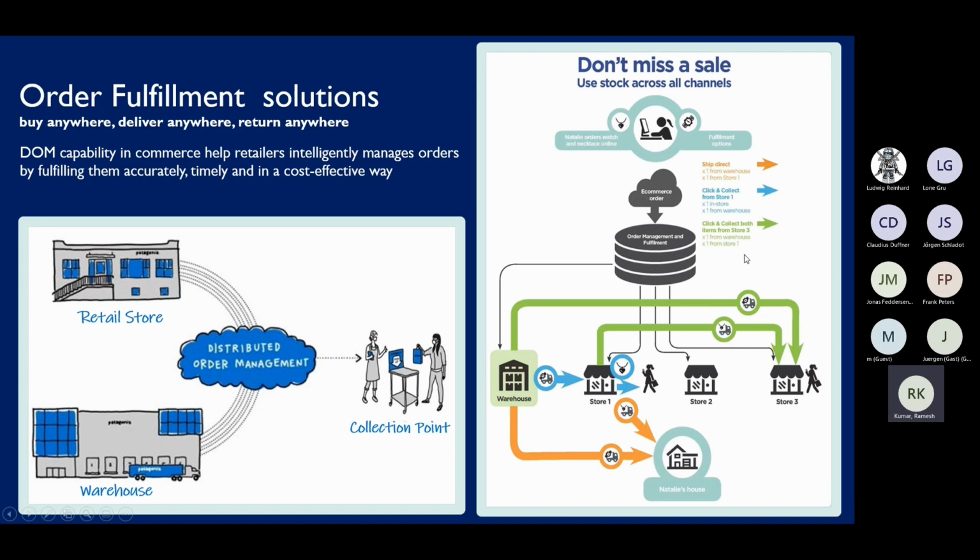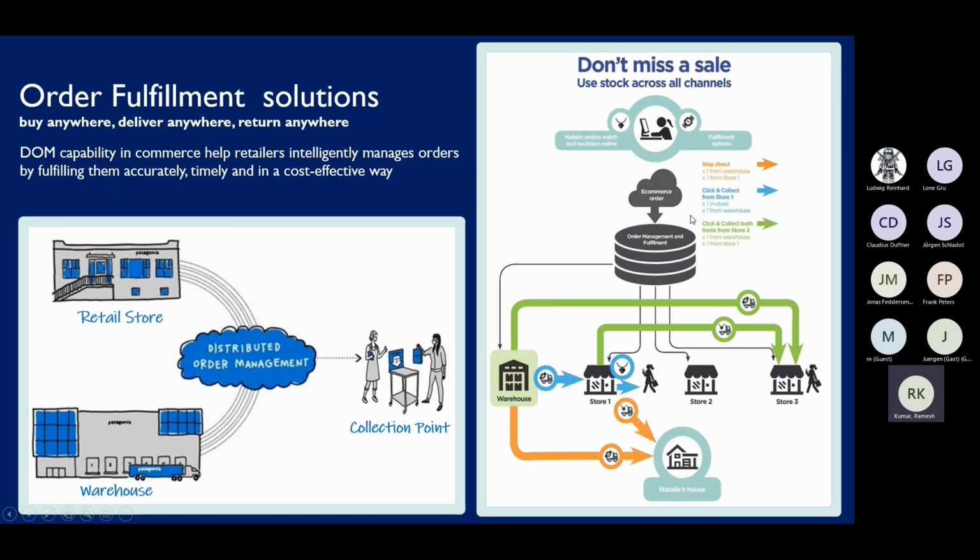I'm giving three options. One is ship direct. Currently the physical location of the watch is in the warehouse and the necklace is in a store. In the first scenario, we will be shipping them separately. The watch will go from the warehouse to the customer, and the necklace will go from store one to the customer's house.